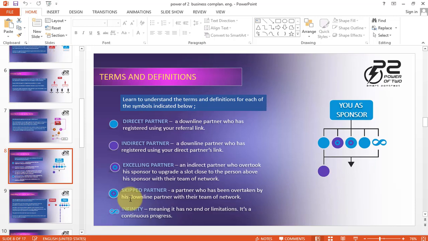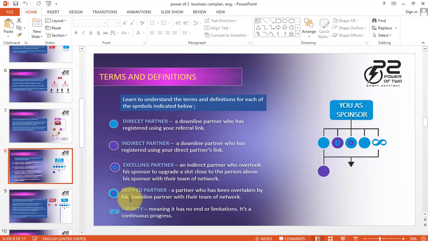So if, for example, I brought you into the system and you overtook me and activated the higher slot, then that means I become the skip partner. So I lose you, and I lose the commissions as well, including your team of network, and that is a shame. I believe no one would like to lose their team, or any commissions.